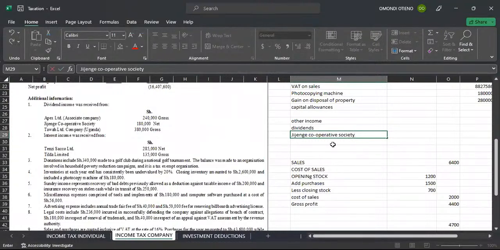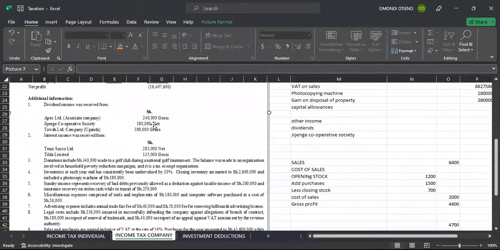How did you find 85? Sasa mtu aeleze Molly how we got 85. Tumesema hapa tumeambiwa that withholding tax is 15%, is it? And the value indicated here is 180,000 in bracket net. Net, it means we already deducted 15%. So we want to take it back to the original amount before deducting the 15%.